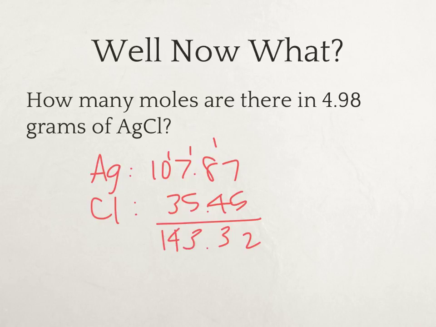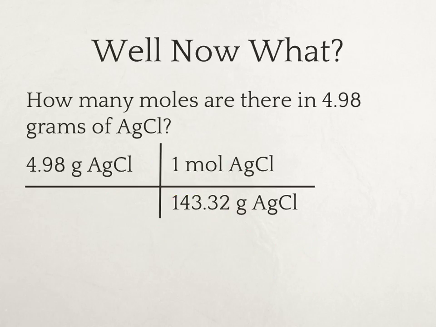You get 143.32 grams per mole. So that's just in 1 mole of AgCl. So now we just take the problem, set it up the way that we have been. So 4.98 grams of AgCl times 1 mole divided by 143.32, which was the molar mass that we calculated. Grams of AgCl cancel out, and you're left with an answer of 0.0347 moles of AgCl.